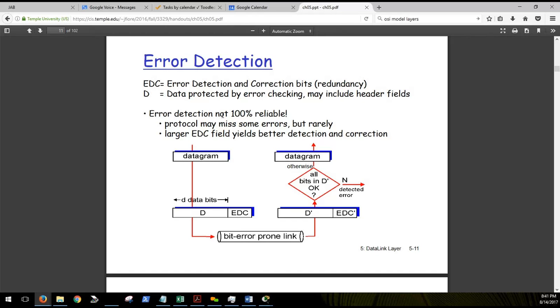Error detection is not 100% reliable. The protocol may miss some errors, but it doesn't happen often. Larger EDC fields yield better detection and correction. So the bigger the EDC is, the more data that we use, the better our error recovery capabilities are.